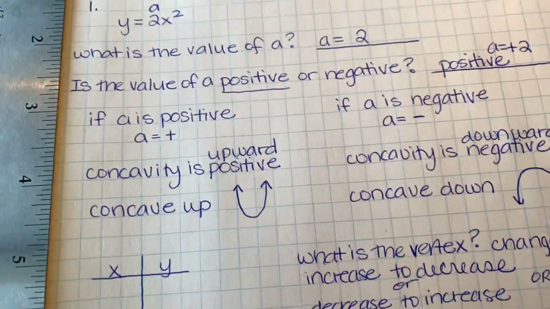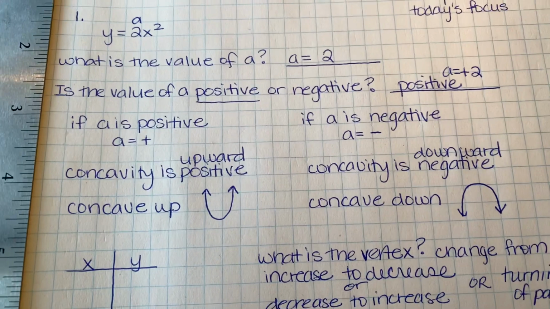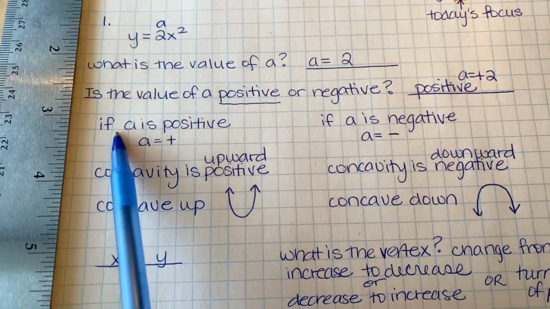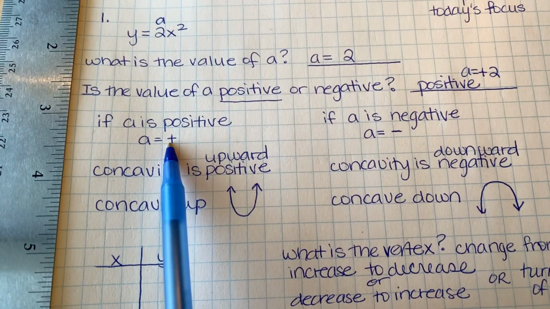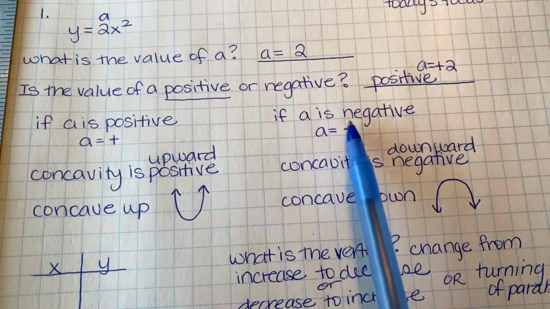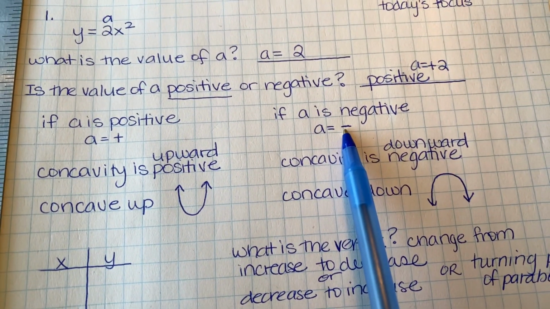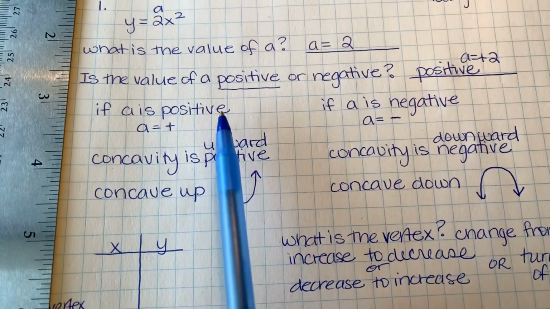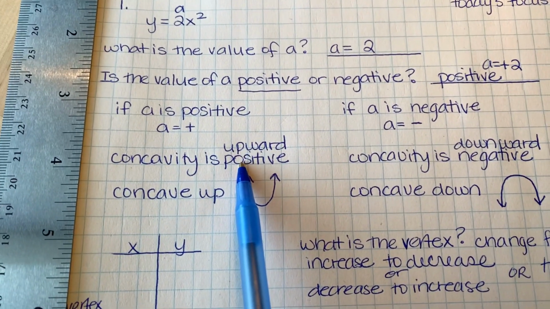Okay, so now here are your choices. I asked you if the a value was positive or negative. Does it matter? Yes, it matters very much. Okay, if the a value is positive, then that means the a value would be some positive integer, fraction, or decimal, right? If a is negative, you would have that dash, which would represent the negative symbol. Okay, if the a value is positive, then the concavity is upward or it is positive. What does that mean?